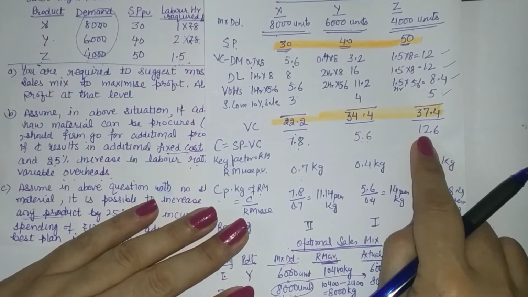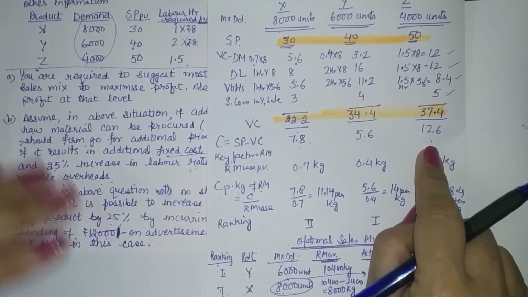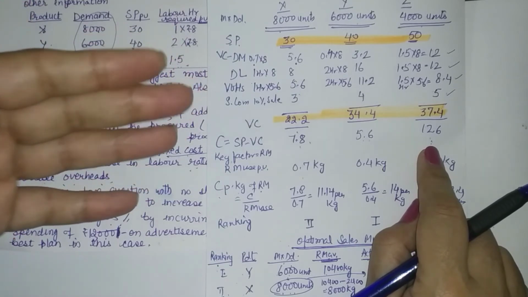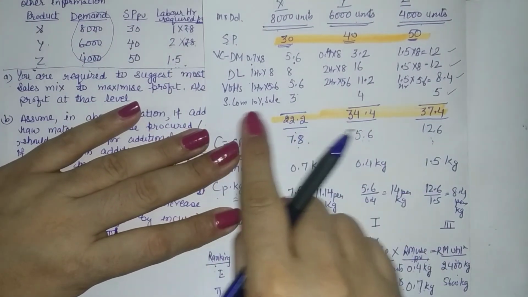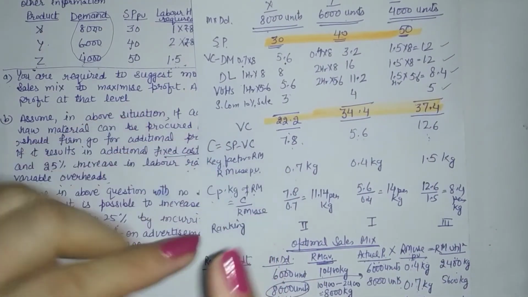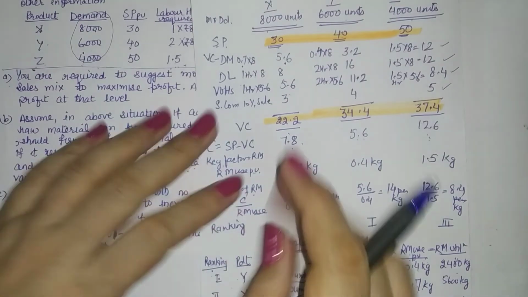Now normally we say that the product which is giving us higher contribution is more profitable, isn't it? So when you look at contribution, one may say that Z is giving us maximum contribution, let us produce Z. No, because these three product lines are not at equal standing. When you increase production or sale by 1,000 units, then all are same.